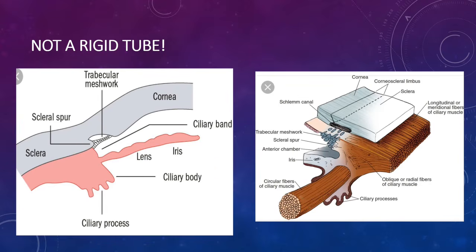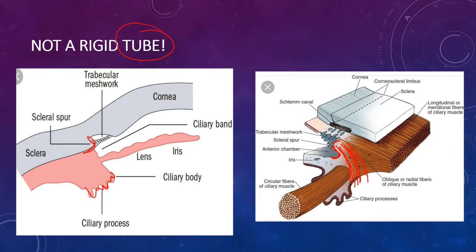Now what you have to remember is that as I am calling Schlemm's canal a tube, it is not exactly a rigid tube. What happens is that the scleral spur is connected with the longitudinal muscle fibers of the ciliary body. So this is the ciliary body, ciliary processes and ciliary body.